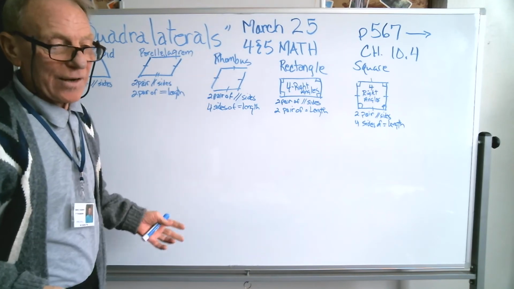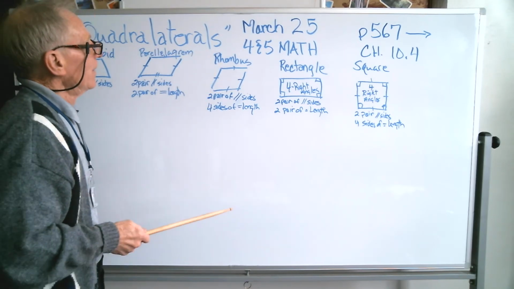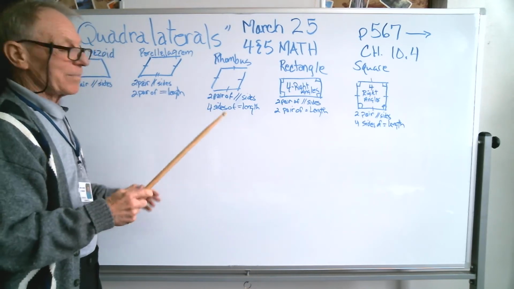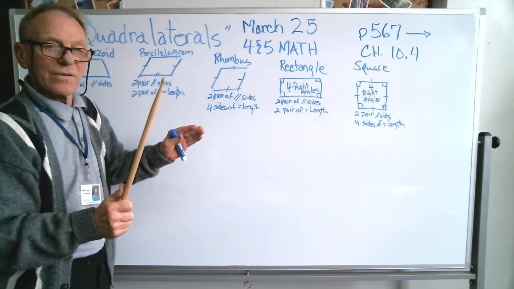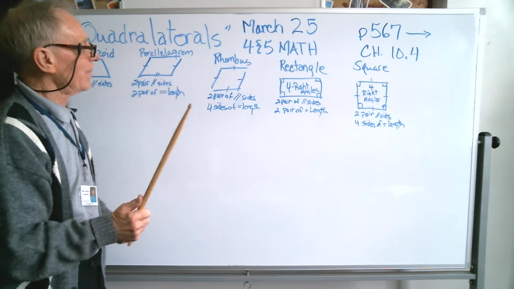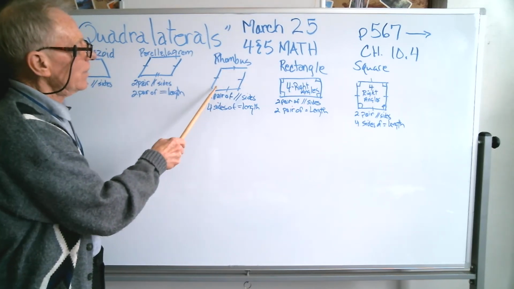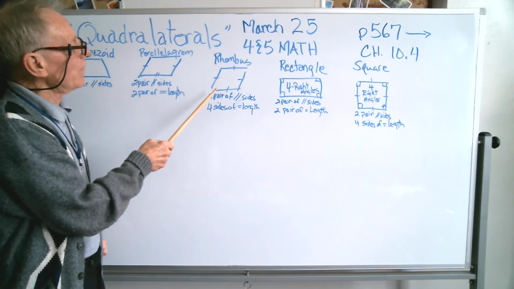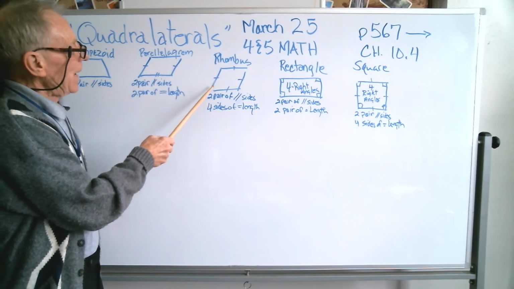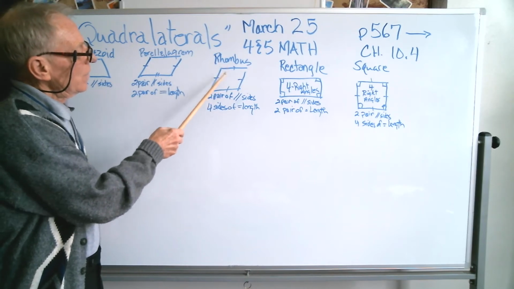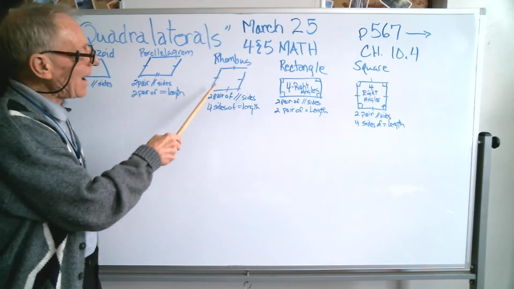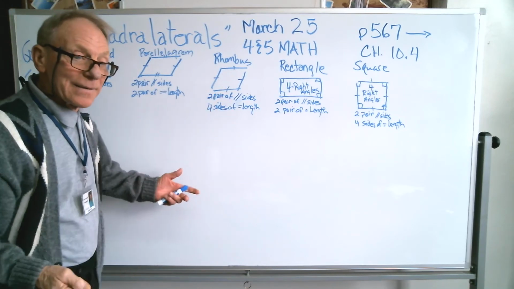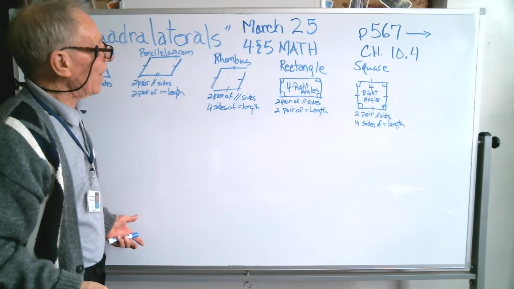Rhombus. I just like saying rhombus. I don't know why. A rhombus is like a square, except it's kind of tweaked a little bit. Here you have four sides, which makes it a quadrilateral. And because both pairs of those sides are parallel, it's a parallelogram as well.